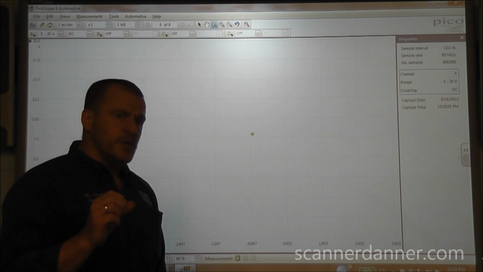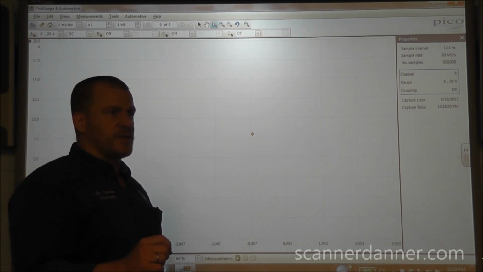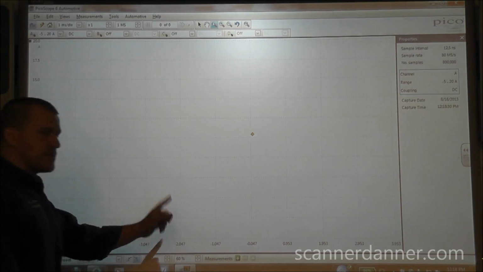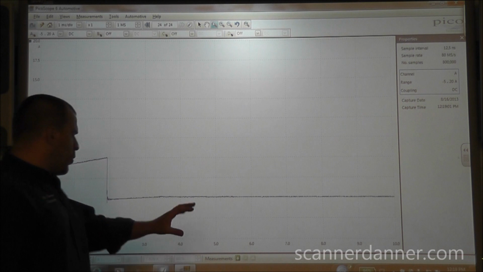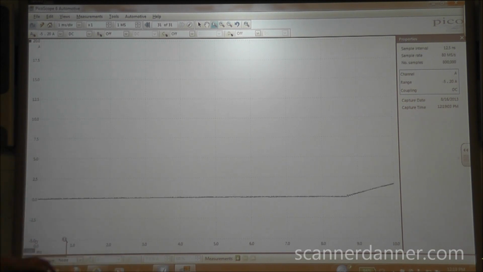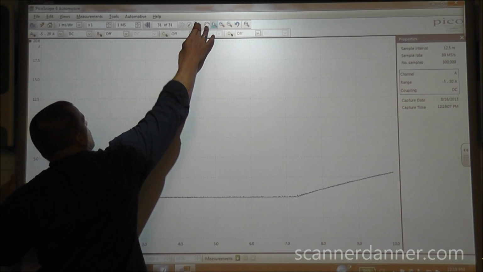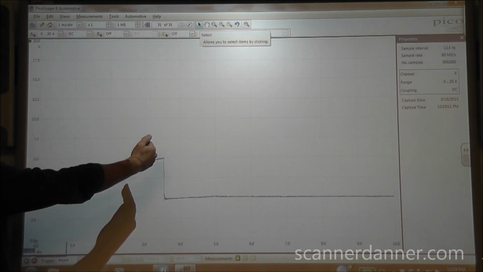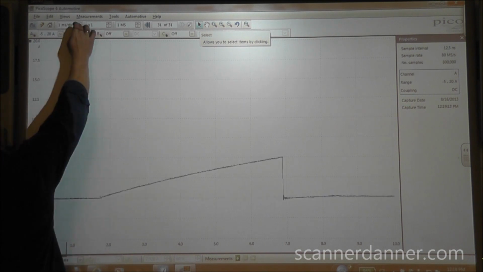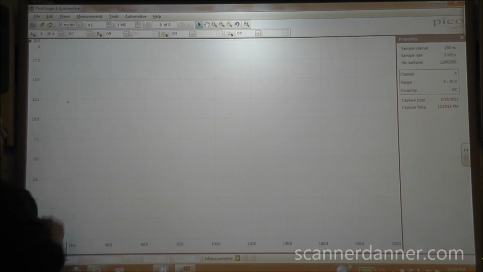When acquiring a new signal, one of the things that you should follow is don't set a trigger yet. Make sure that your trigger is off. And with the trigger off or none, what we want to do is look at the level of our signal. Now you might want to increase your time base so we can see it a little bit better here.